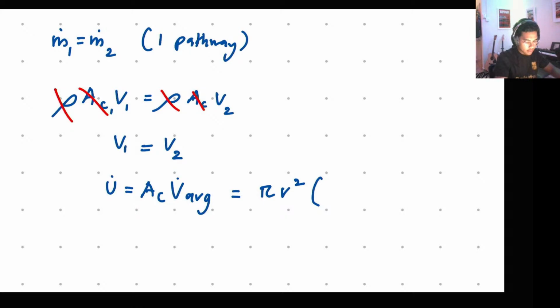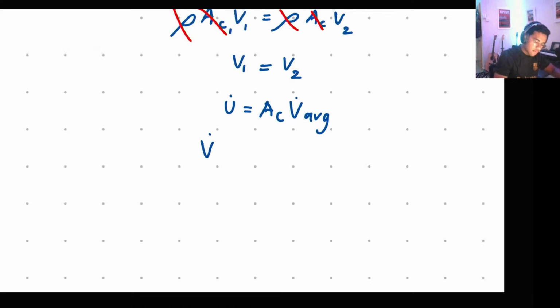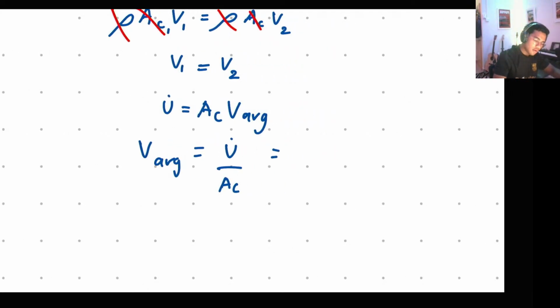We want to find V average. V average equals V dot over Ac, which is 0.01 over pi r squared.